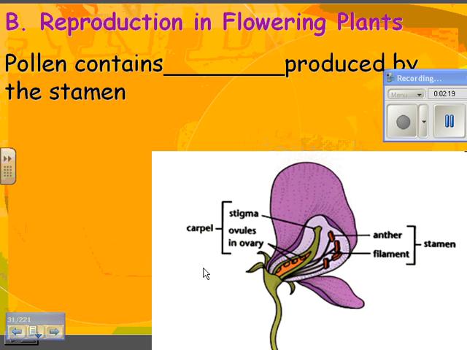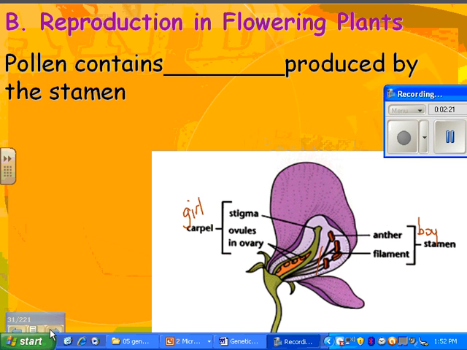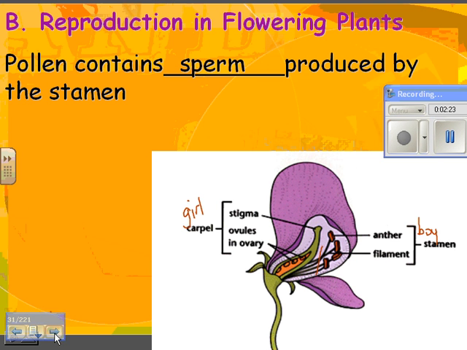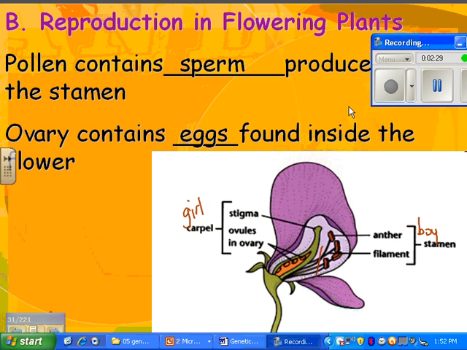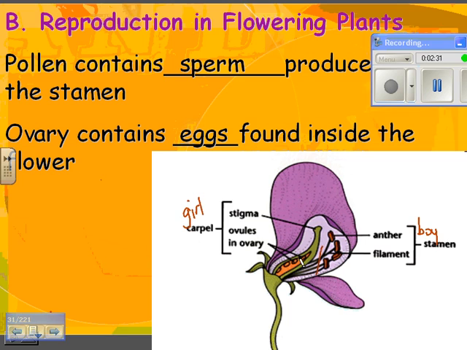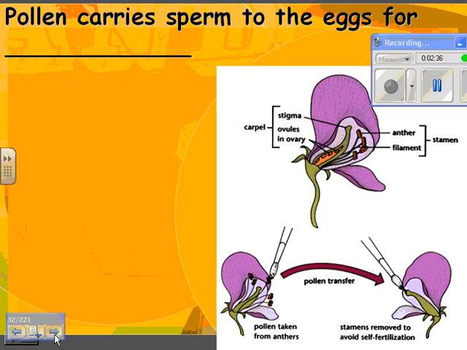And they're controllable. So pollen contains sperm produced by the stamen, and the ovaries contain eggs that are found inside the flower, right here. So pollen carries sperm to the eggs for fertilization.